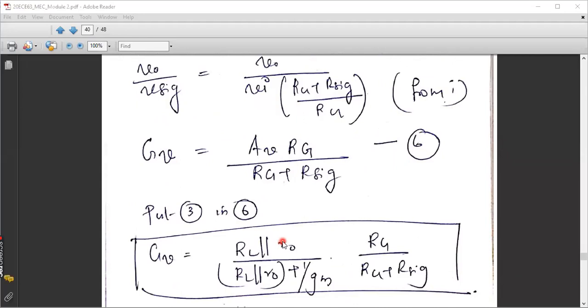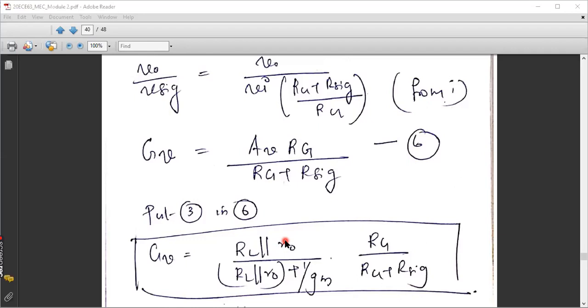In that we discussed two cases: one without Rs and the second with Rs. For practical purposes, we will prefer the case with Rs. Why are we preferring the case with Rs? Because inserting Rs will always give stability to the gain, and the Q point will also become stable, with no tendency to shift towards the cutoff region or the triode region in spite of giving your input AC signal.